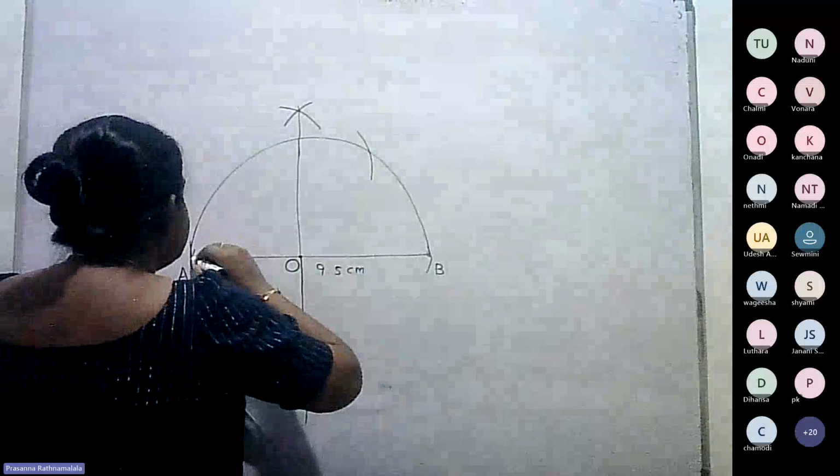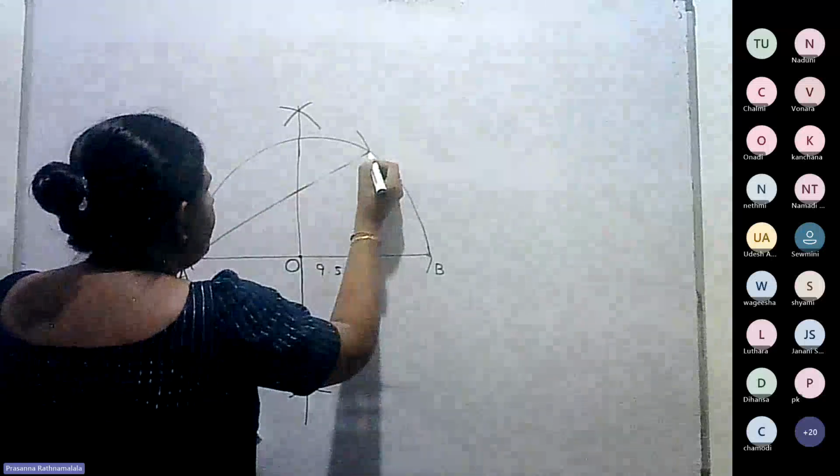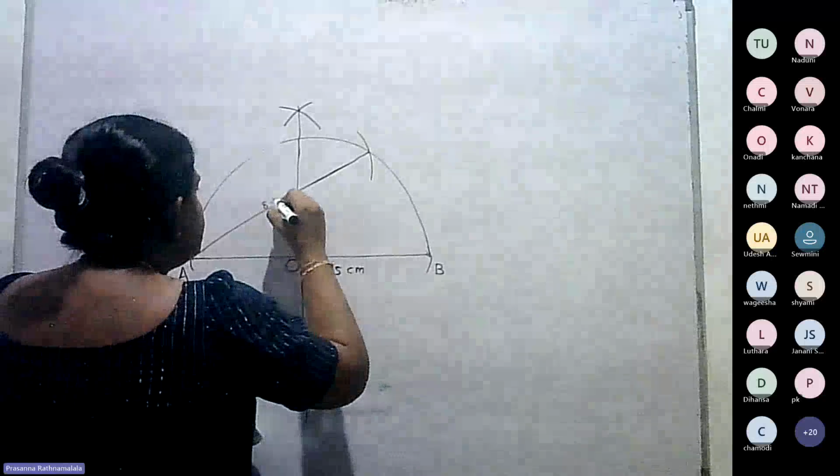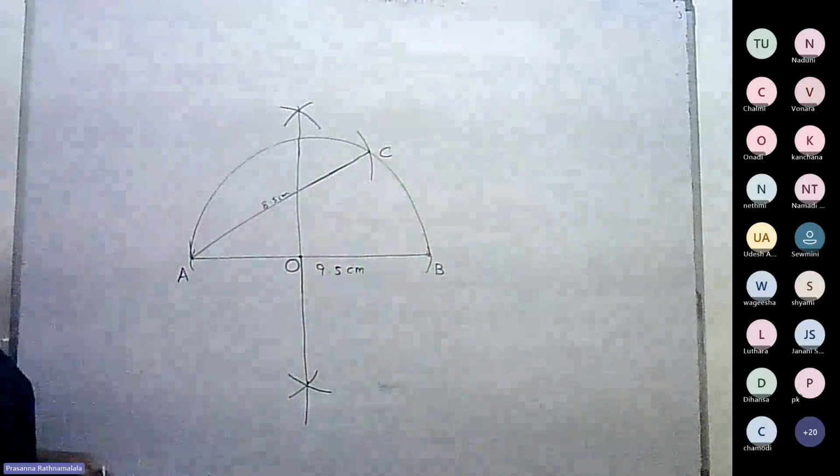Then the distance between these two is 8.5 centimeters. You name this as C.